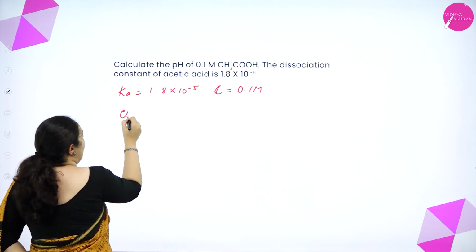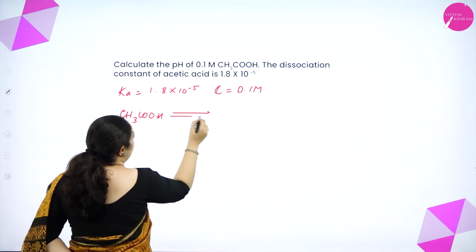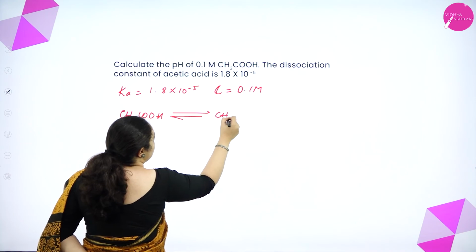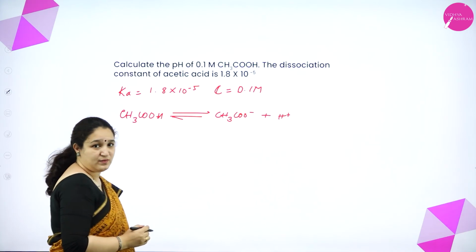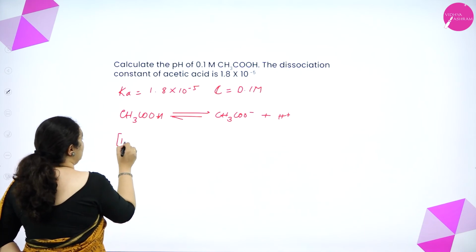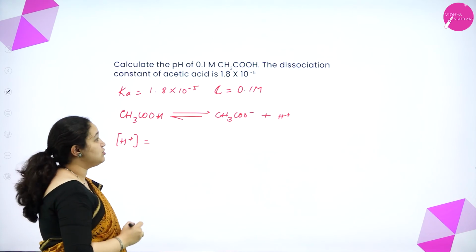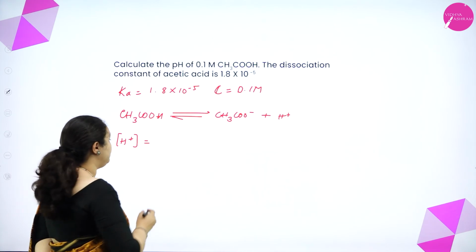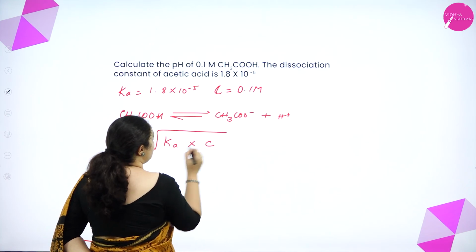So, we know that acetic acid is a weak acid. So, we have CH3COO minus ions and H plus ions which will come. So, I can find out the molar concentration of H plus by using the dissociation constant of the weak acid, that is square root of Ka into C.